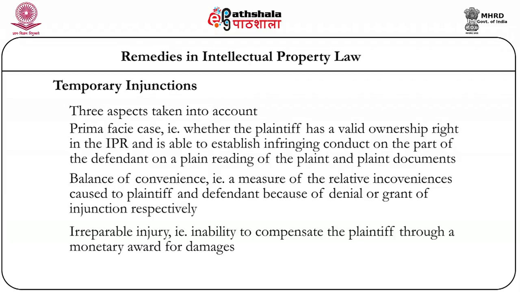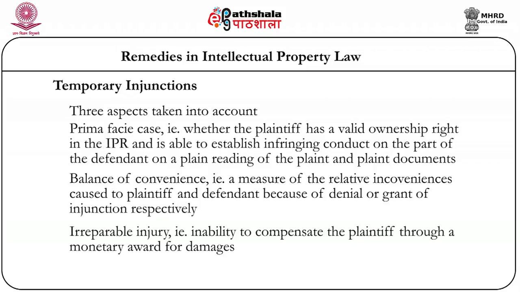The next part of the test is to look at the balance of convenience. Now, what really is the balance of convenience, or to be more correct in our characterization of this part of the test, balance of inconvenience? The real question here is who is inconvenienced more by the conduct of the other party, and who is inconvenienced less by the grant of the injunction or the refusal, as the case may be.